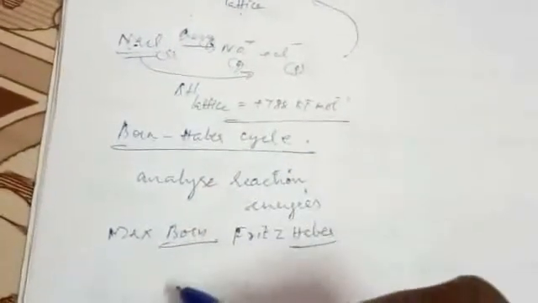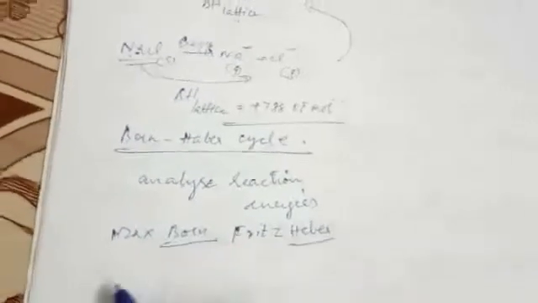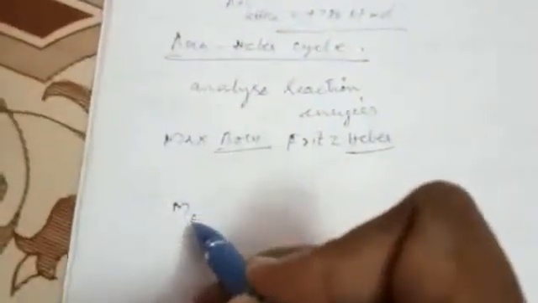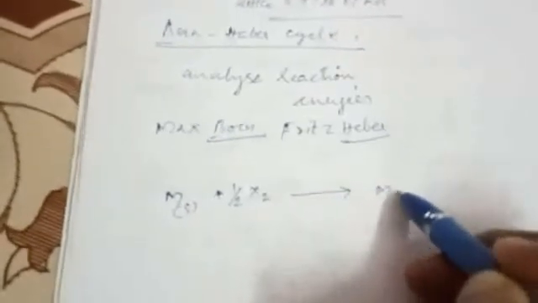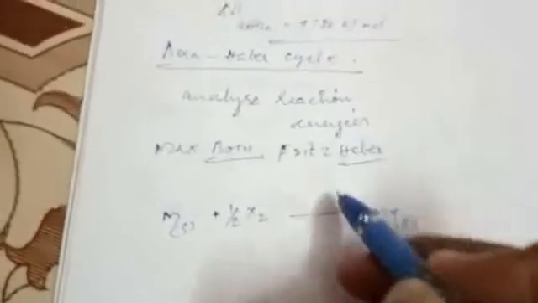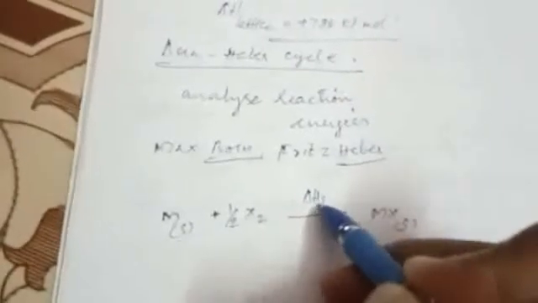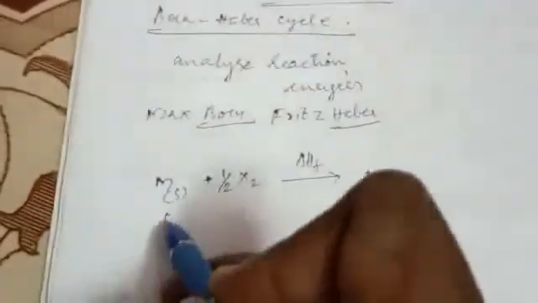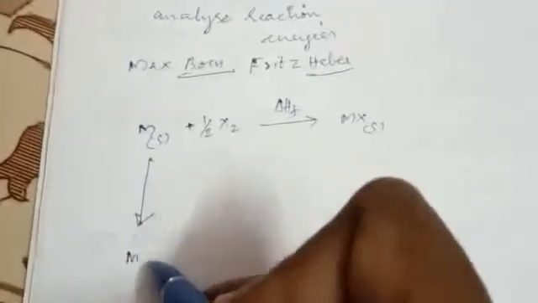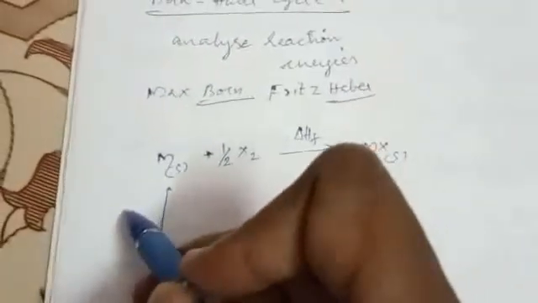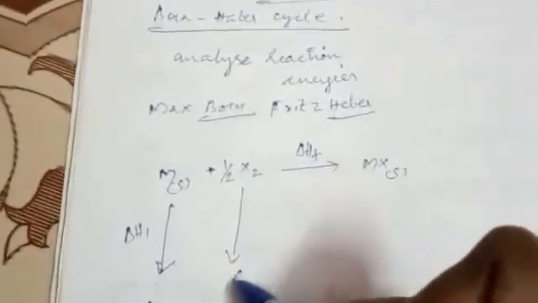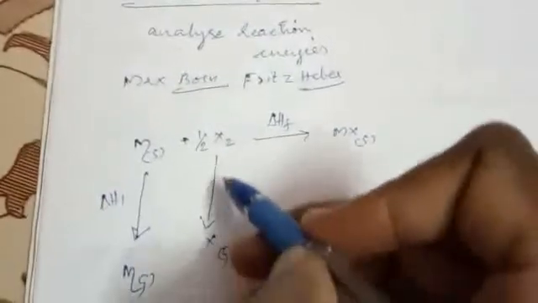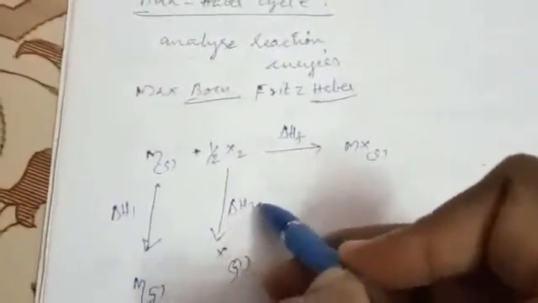Born-Haber cycle example: metal solid plus X2 gives metal halide X solid. Metal solid converted to metal gas is delta H1. X2 to X gas is delta H2.